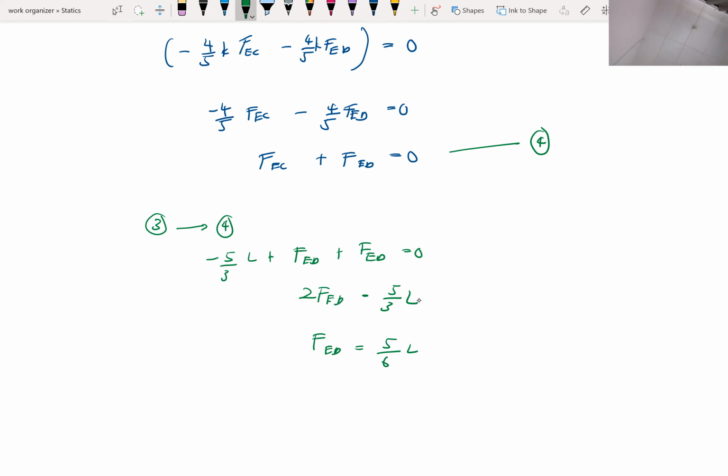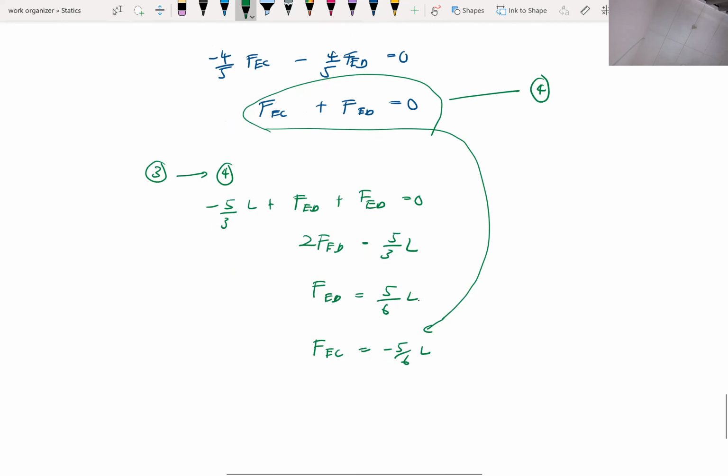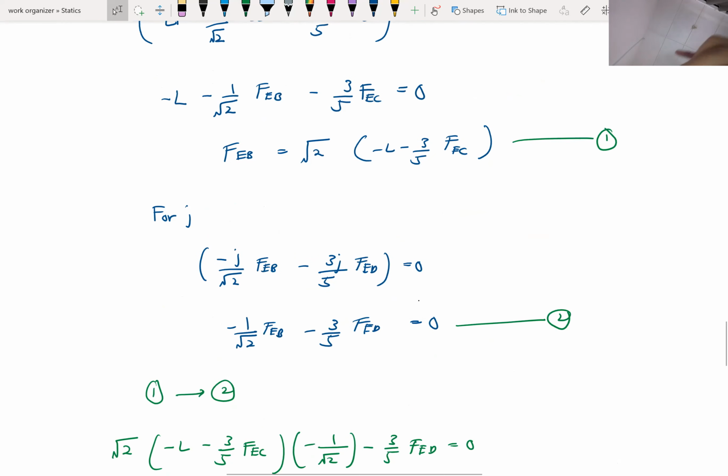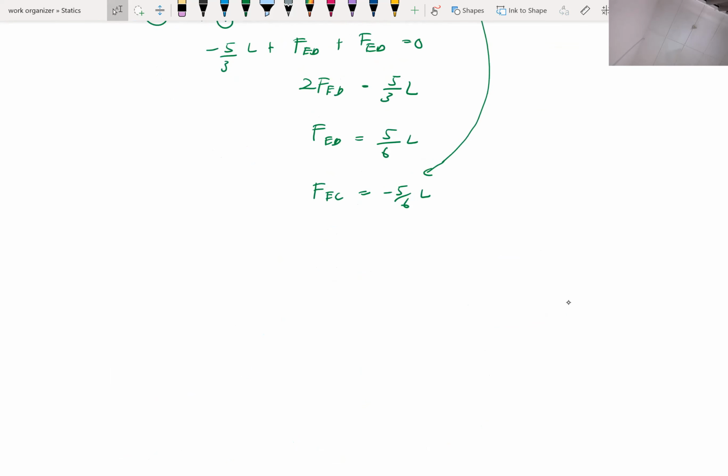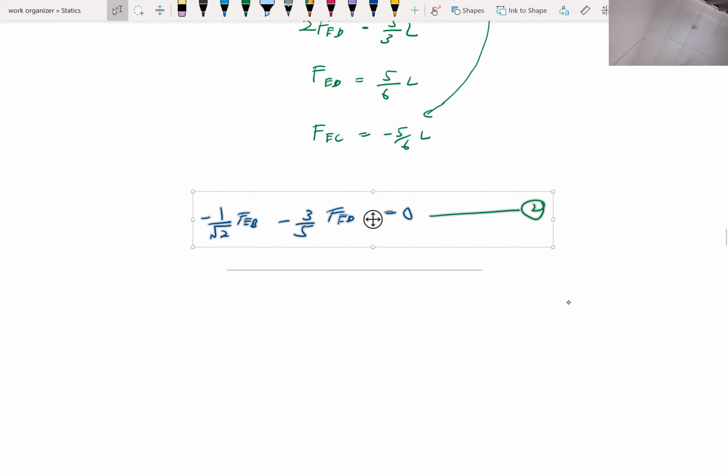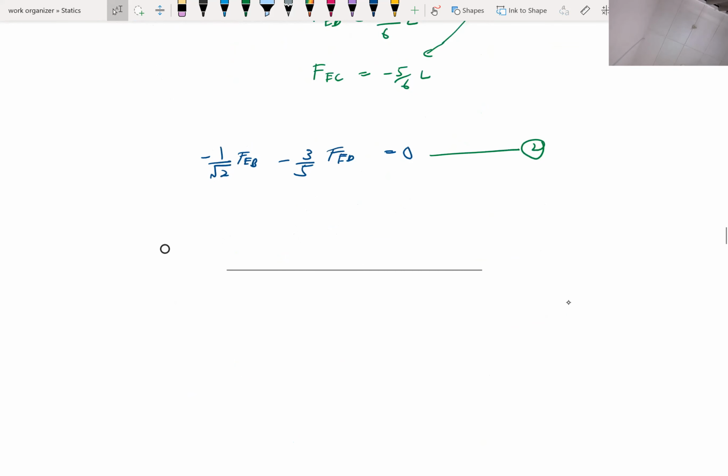Since FED is 5 over 6 L, FEC will be, from this one, negative 5 over 6 L. Now from equation 2, we just input the FED.